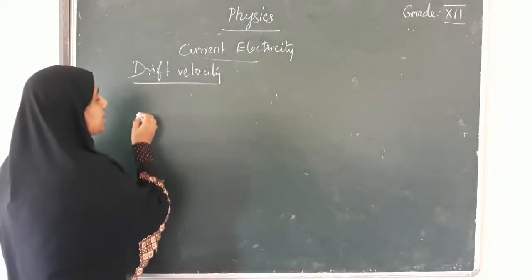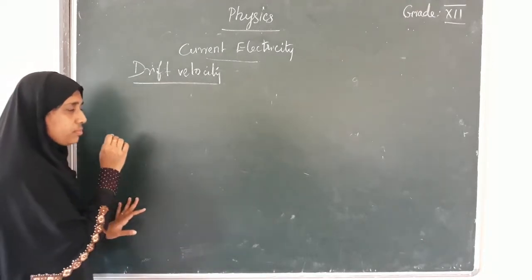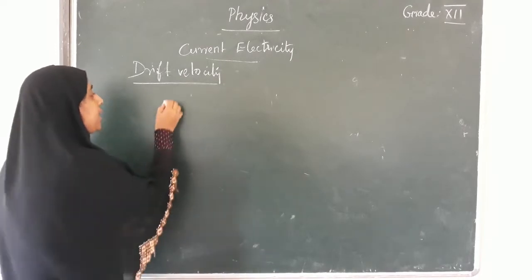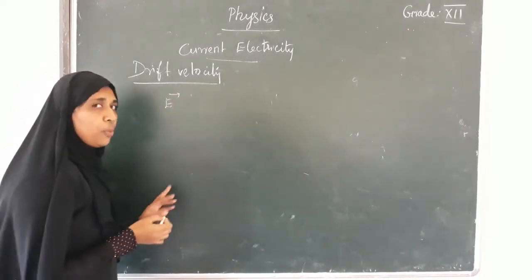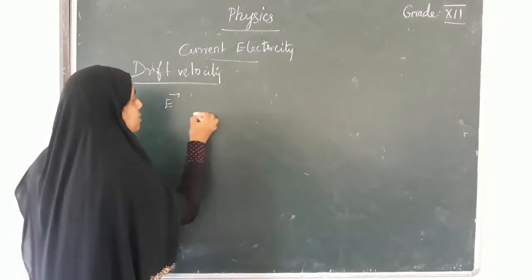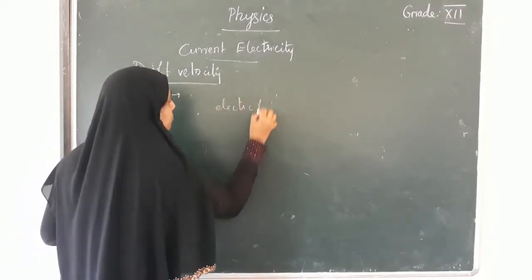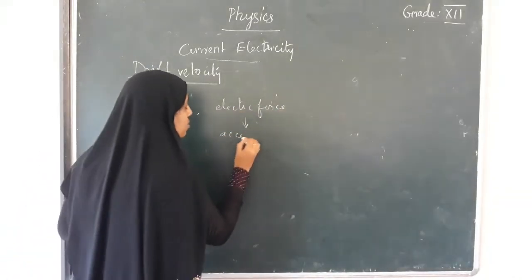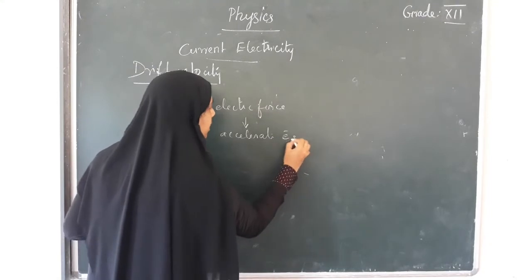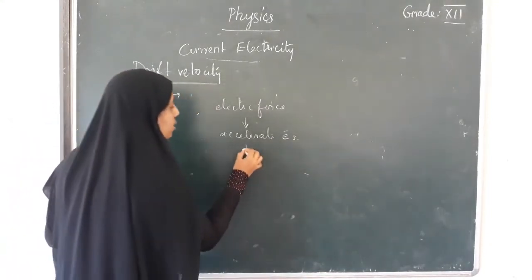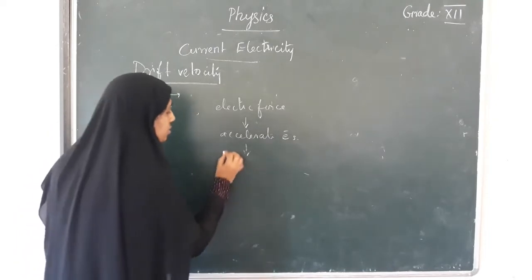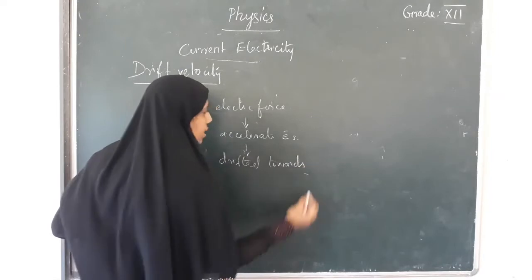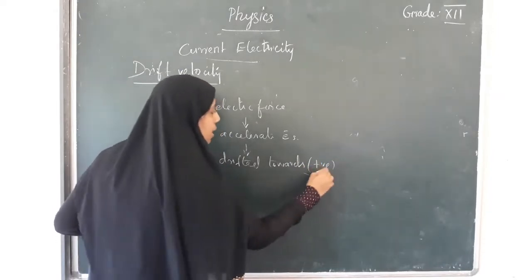So whenever there is no electric field, there will be no current. If you apply the electric field, if you set up the potential difference across the conductor, it experiences the electric force. This force accelerates the electrons. Now these electrons drift towards one direction, that is the positive terminal of the battery.